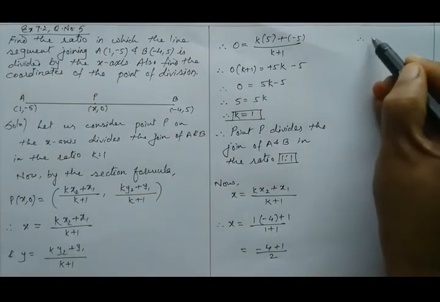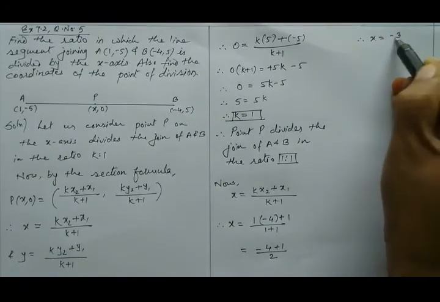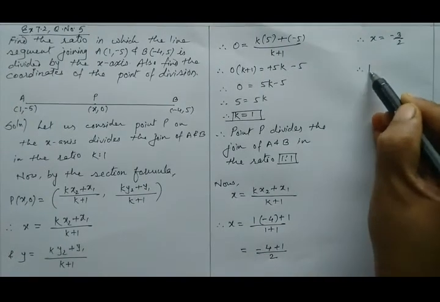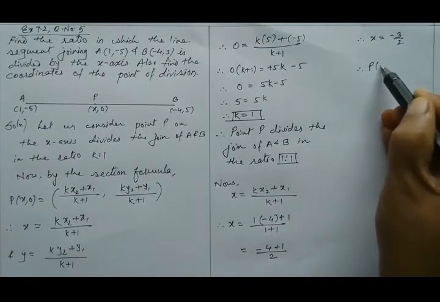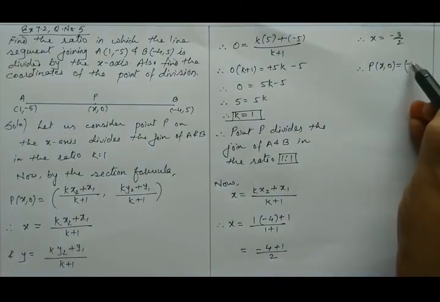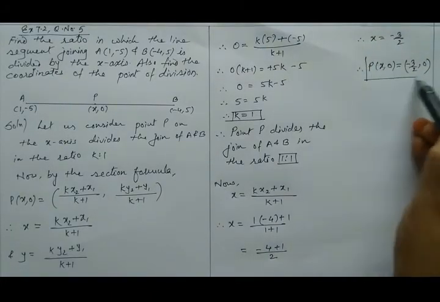Therefore x is equal to minus 3 by 2. So point P, that is (x, 0), has coordinates (minus 3 by 2, 0). Hope you have understood this question.